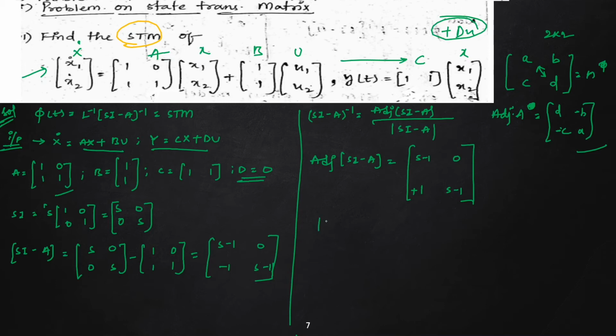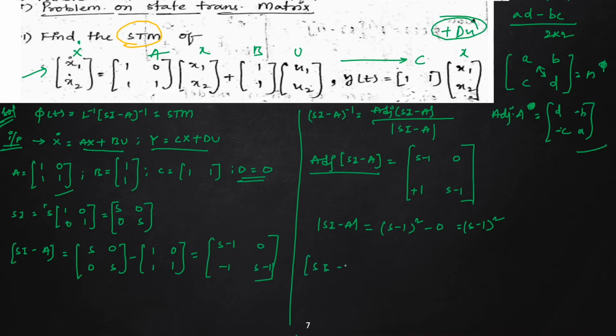Now let us find the determinant of sI minus A. For a 2 by 2 matrix, the determinant is AD minus BC. This is the formula. So here it will be (s minus 1) whole square minus 0, which equals (s minus 1) whole square.